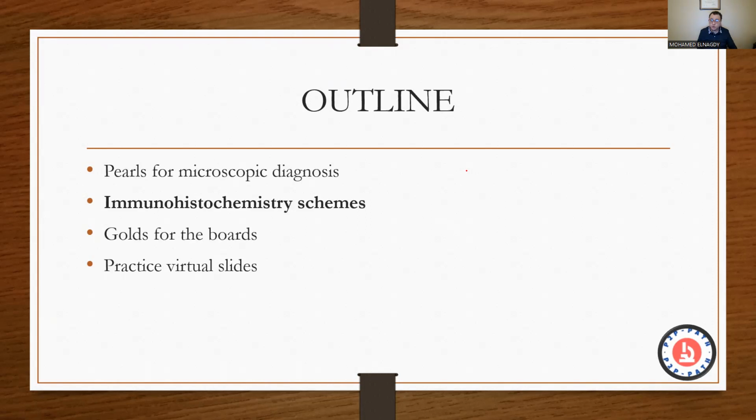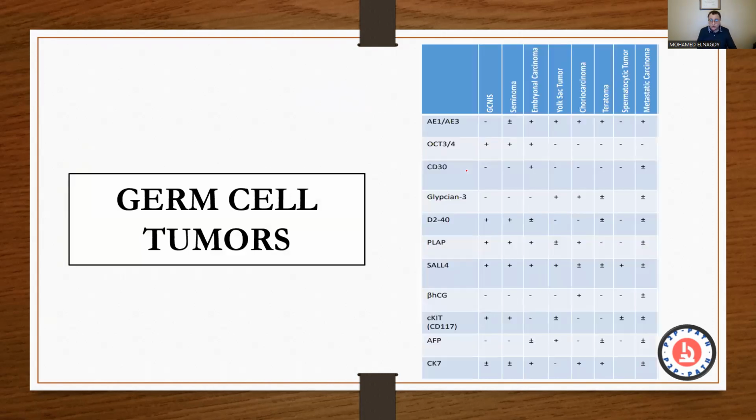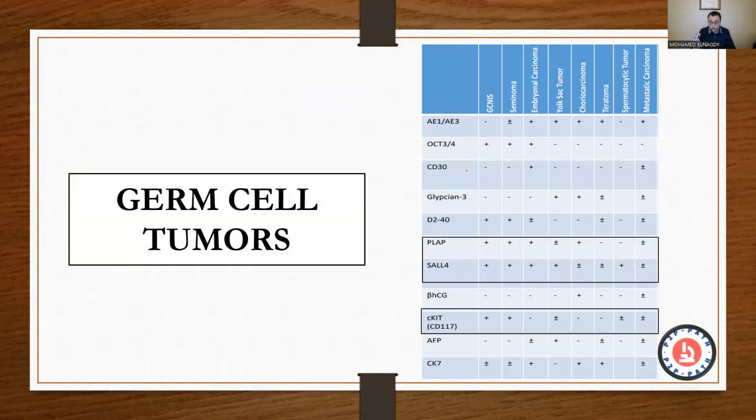Now let's go over the immunohistochemistry schemes. So here is a table, which is actually there in Curt notes, which tells you the key immunohistochemistry for the germ cell tumor. What you need to start with here is to remember that there are 3 stains which tell you that this is a germ cell tumor.